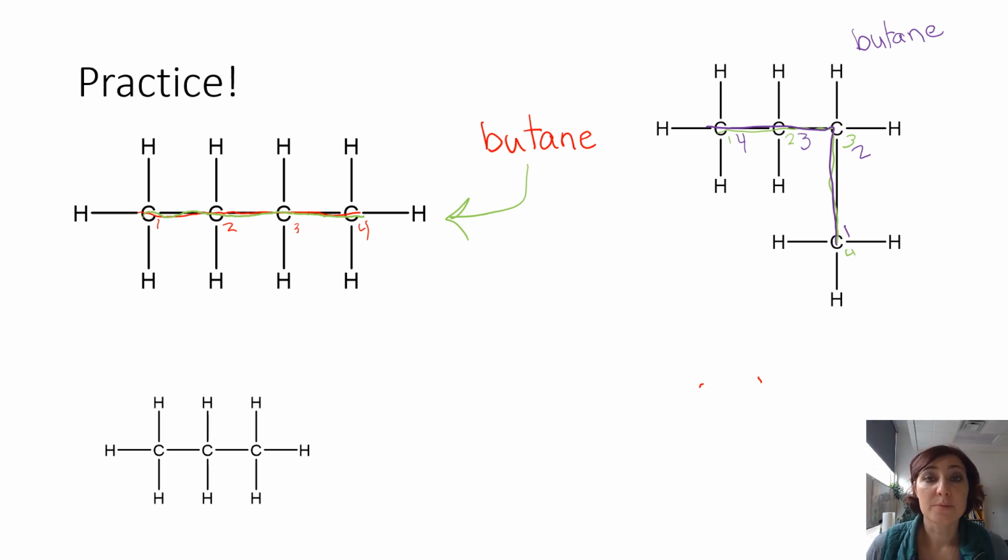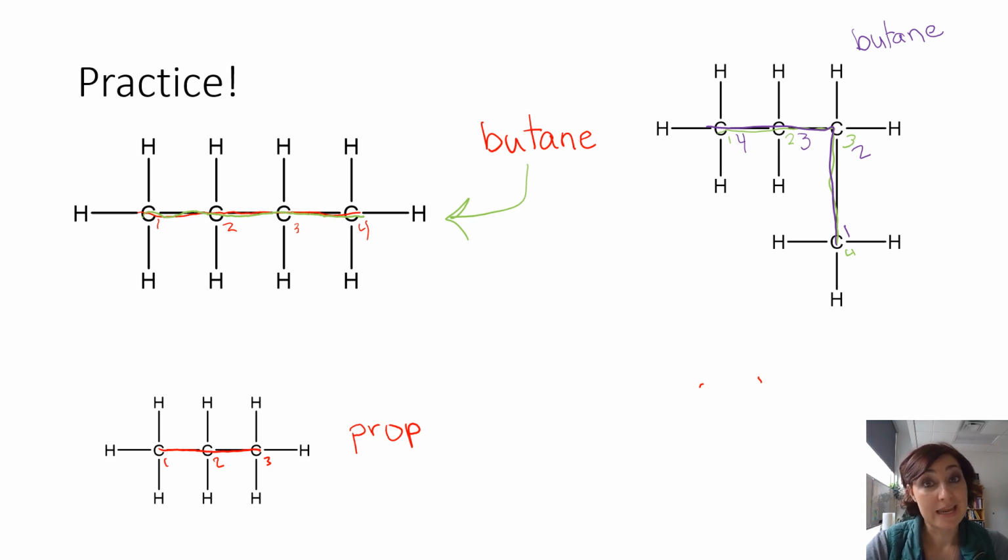In our next example, we're again going to start by finding the longest continuous chain of carbon. So, moving my pen through, that's as far as I can go. 1, 2, 3 carbons. The prefix for 3 is prop. And I'm going to look again to make sure what family this belongs to. It's all carbons and hydrogens.